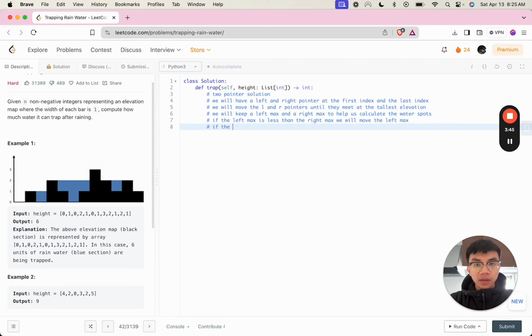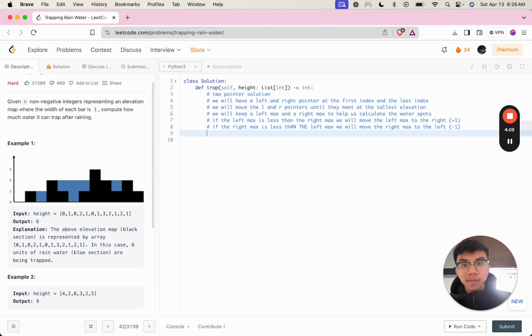And if the right max is less than the left max, we will move the right pointer. To the right and to the left, which is +1, and this one is -1. And every time before we move our left and right pointers, we will calculate the water spots, if any.